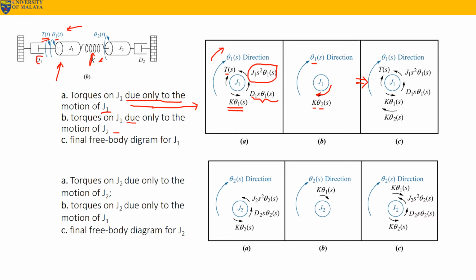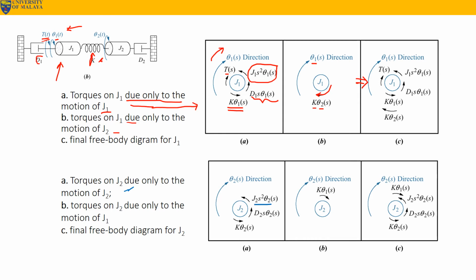Again, for figure A, assume that only J2 is rotating in the positive theta2 direction. There is no external torque acting on J2, so there is no T in this figure. However, we would see the impedances acting on J2.